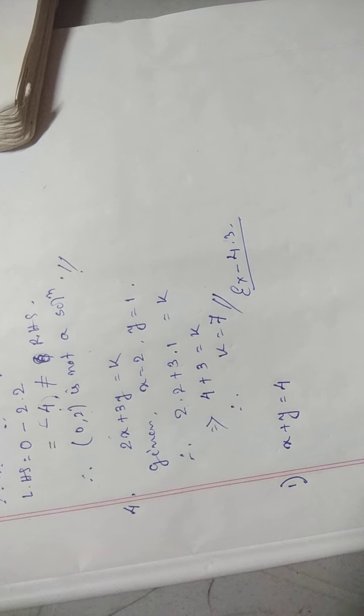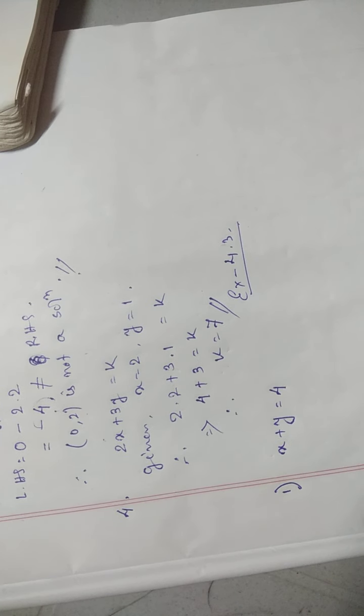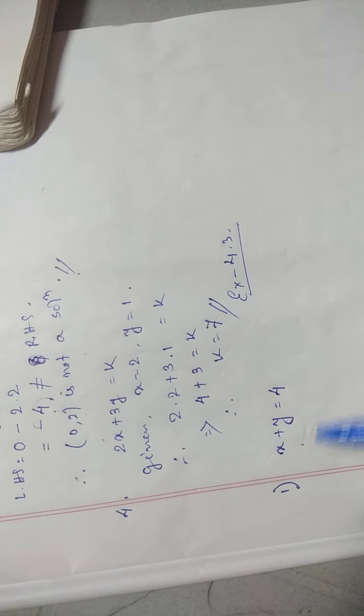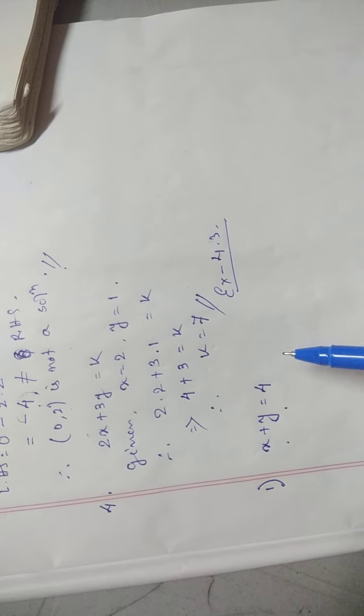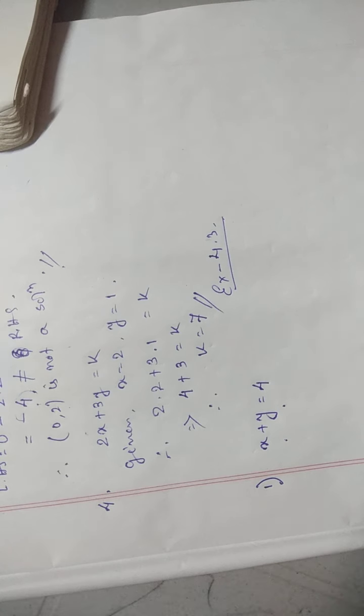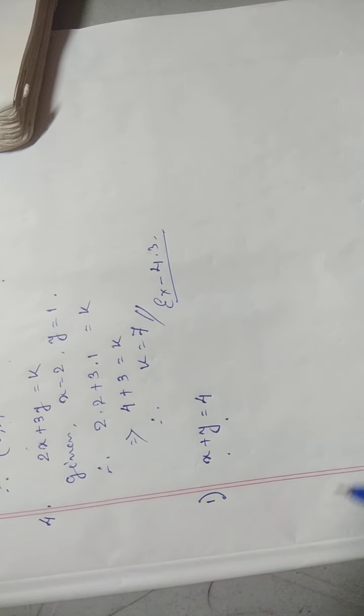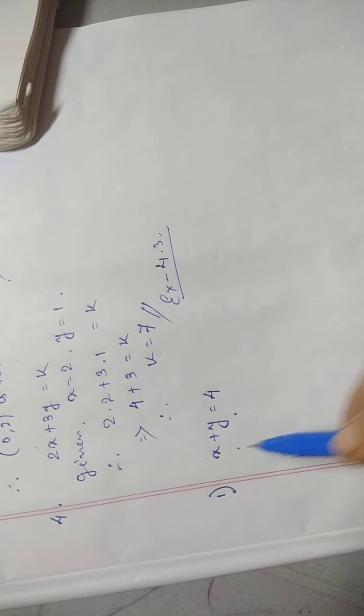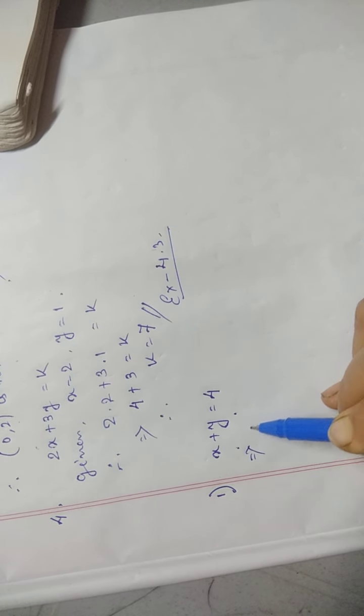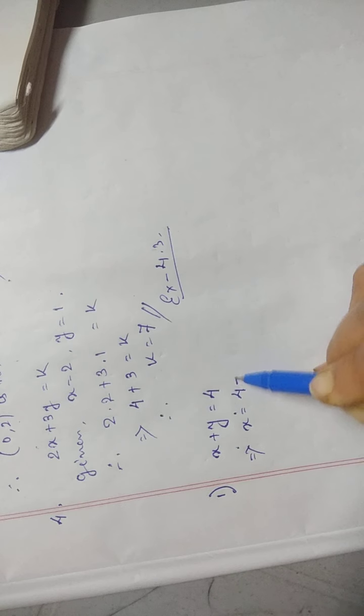So, the solutions, how do we find them? By putting the values of x or putting the values of y. Like that you have to find 3 or 4 values of x and y. After that you have to put those values on the Cartesian plane or the graph paper. So, x is equal to, from here you can write, 4 minus y.